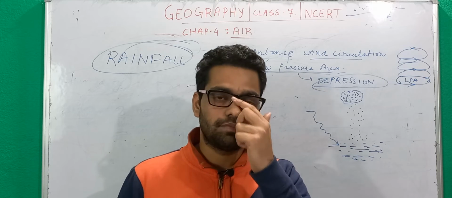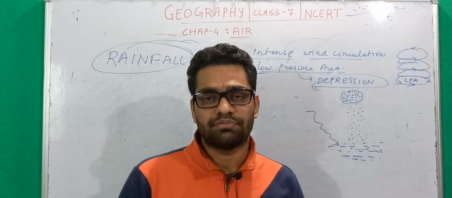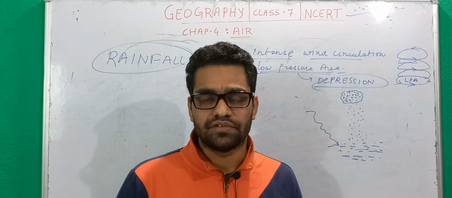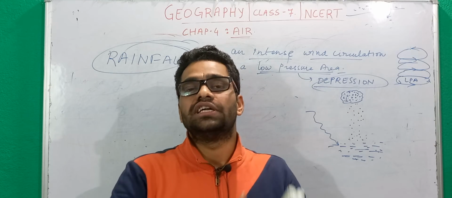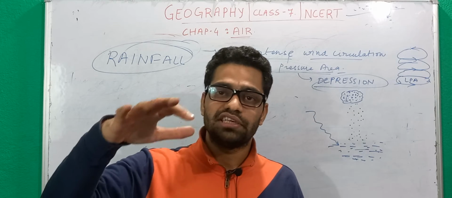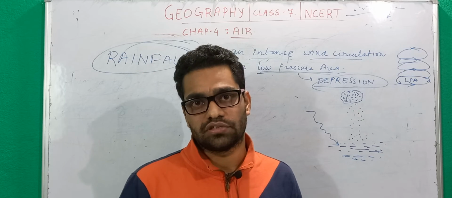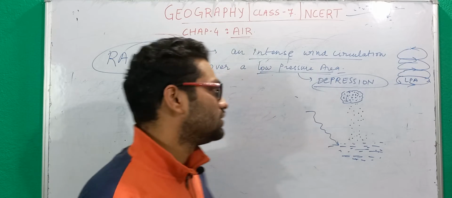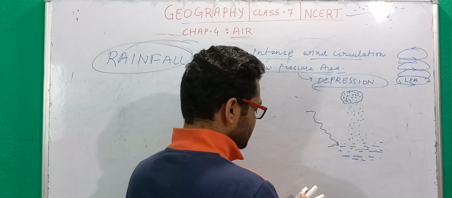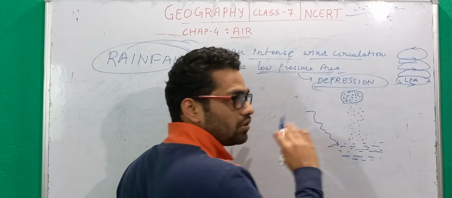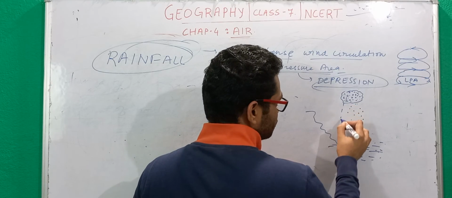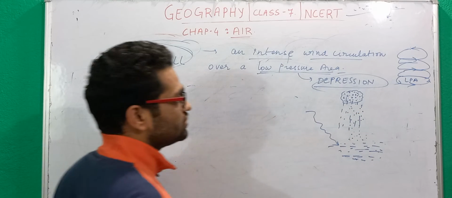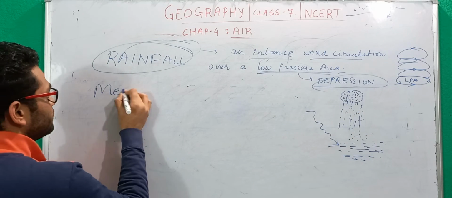The air has some capability to hold these tiny water droplets, but after a certain time, when the water droplets get too concentrated, the air is not able to hold them, and that is why the water droplets come to earth as rainfall. So this is the basic mechanism of rainfall.